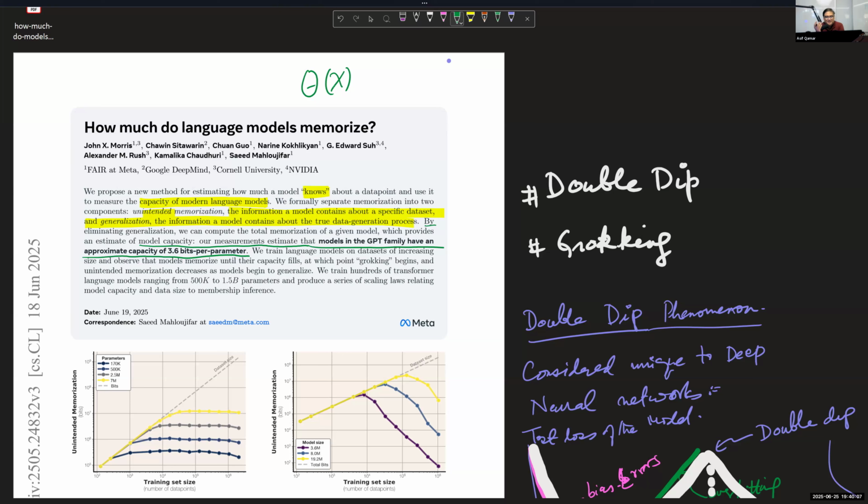And then once its capacity is exceeded, then it generalizes. So they say, we train language models on data sets of increasing size and observe that models memorize until the capacity fills, at which grokking begins, and unintended memorization decreases as the model begins to generalize.